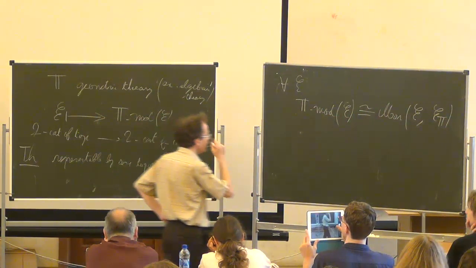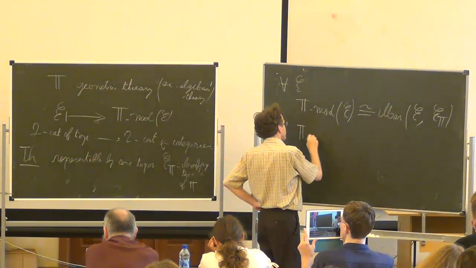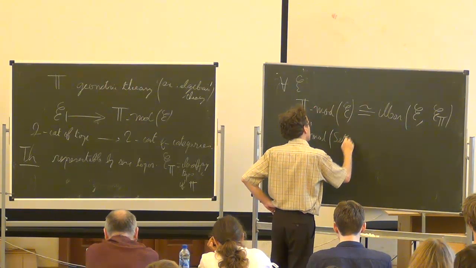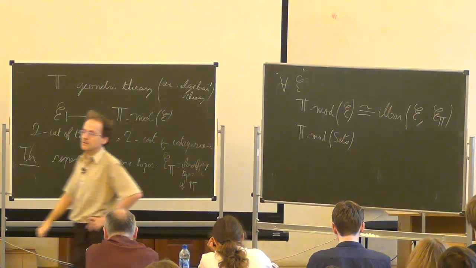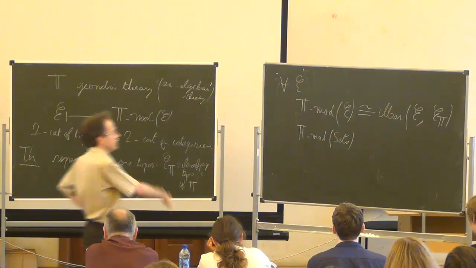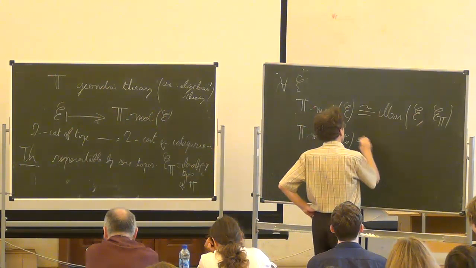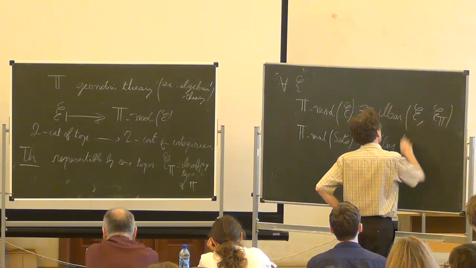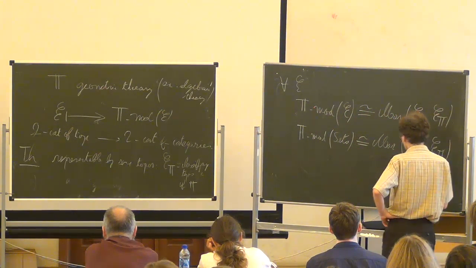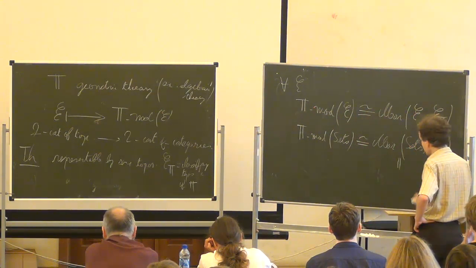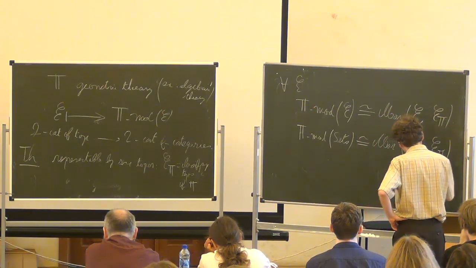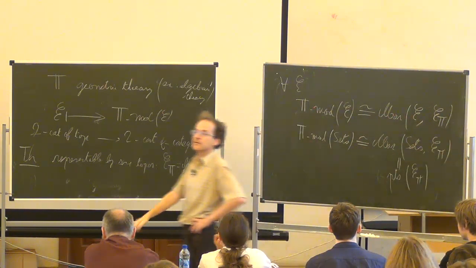So in particular, the category of set theoretic models of your theory is equivalent to the category of morphisms from sets to your classifying topos, and this, by definition, is the category of points of the classifying topos.